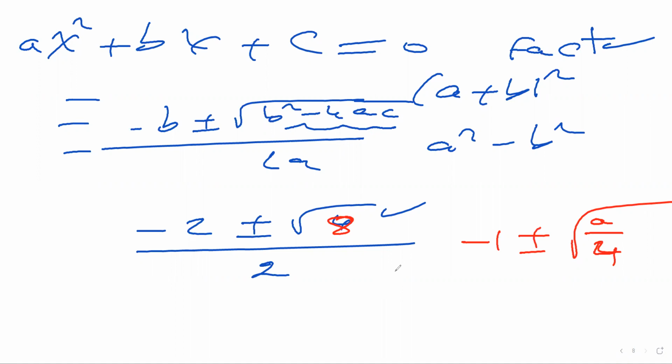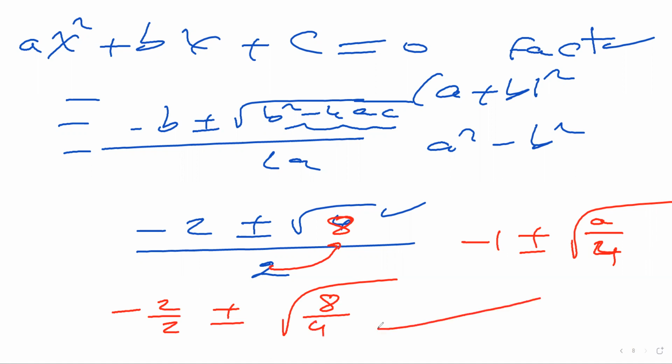What is A? It's radical 8 over 4. First of all, I can split it: minus 2 over 2 plus or minus. I don't want a denominator in the fraction, but I can put this 4 below the radical, so it will be plus or minus radical 8, and outside the radical it is 4. So below the radical is 4. Just compare them. So A equals 8. That's why I follow the given. I follow what he wants, not what I want.